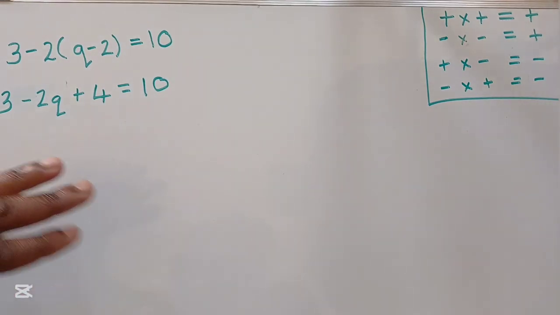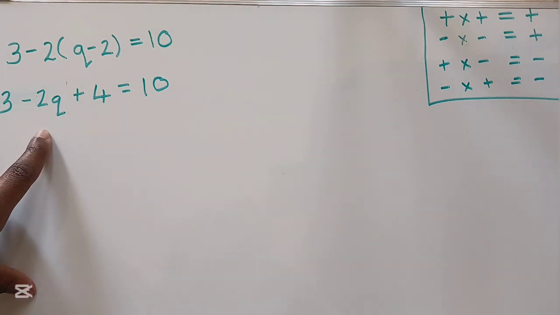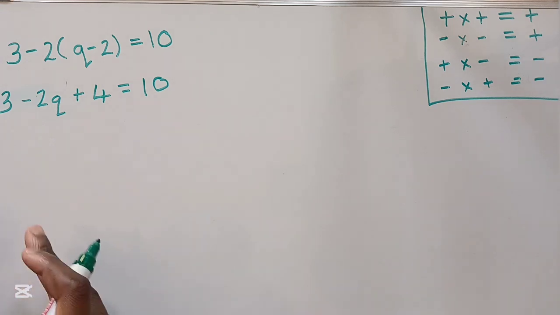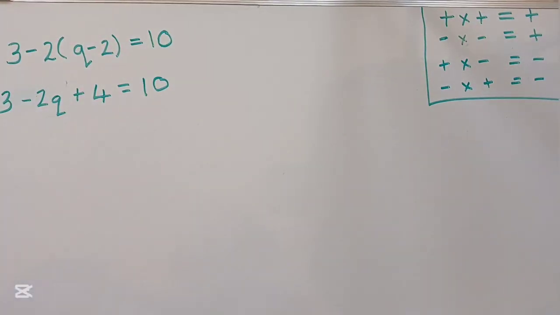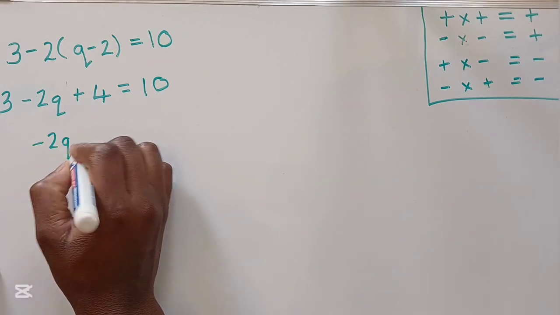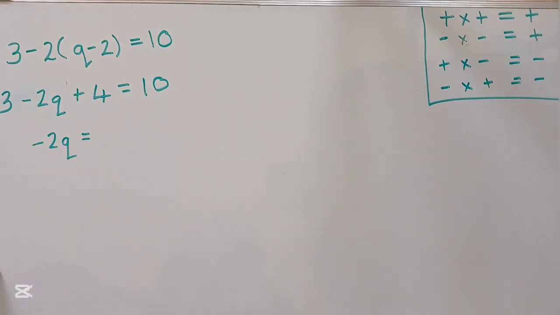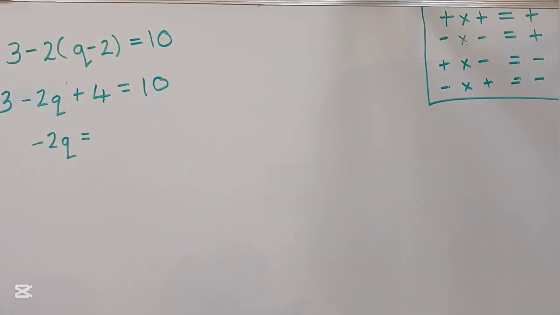Now this looks like a normal equation. So we want to isolate our unknown value by keeping it on one side of the equal sign and the rest on the other side. Here, negative 2q comes down as it is. We're going to move 3 and 4 to the other side of the equal sign, because they don't have unknown values.